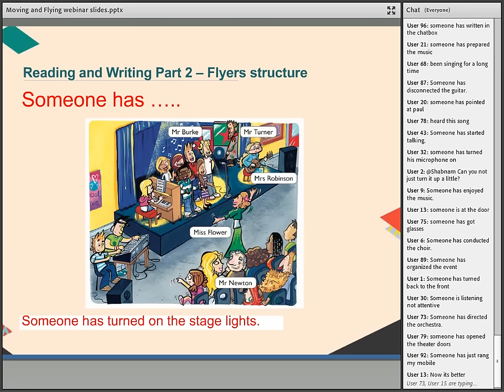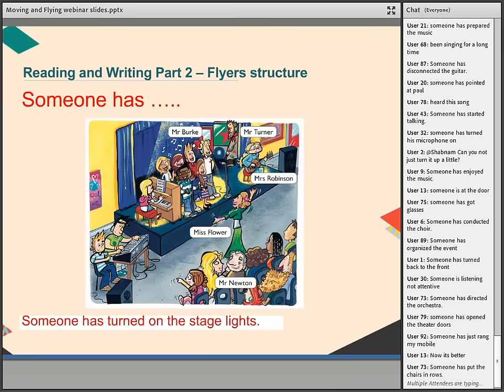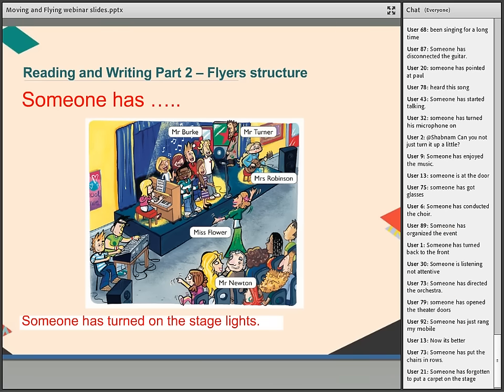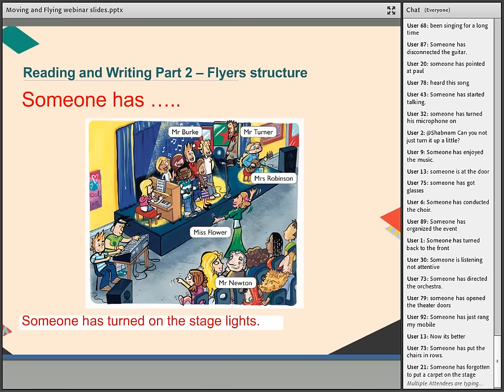But they are very typically on the Flyers too. So very useful to get them to think about the concept and to think about how they can use this structure, because it's a very useful structure to use.